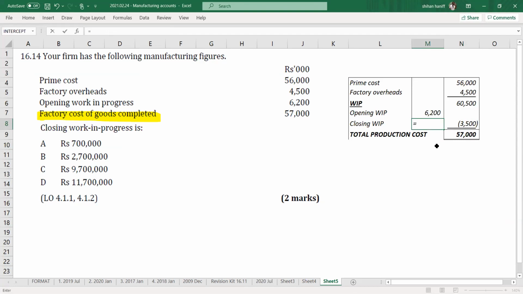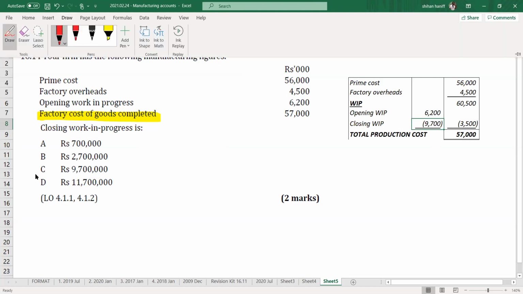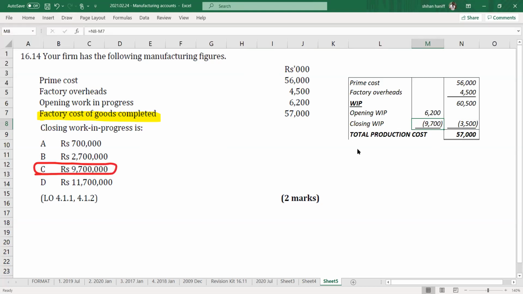That will be minus 9,700. So if it is 9,700, then only the net value will be minus 3,500. So that's the answer for this.